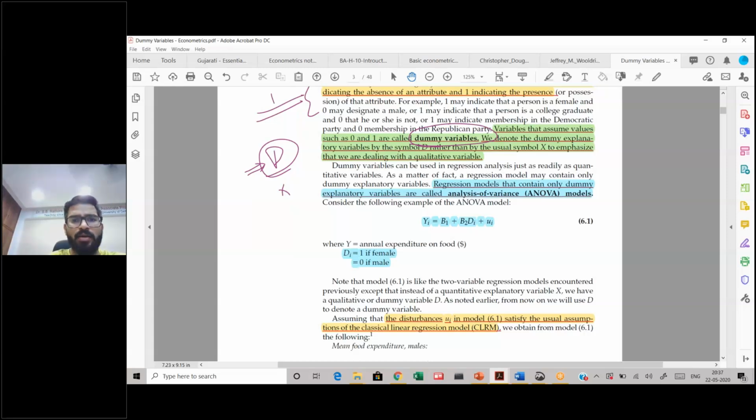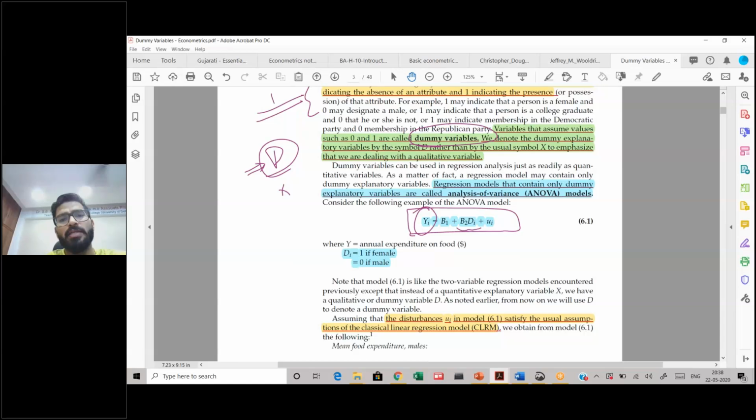So let's take the stochastic version of a normal regression line. This is the stochastic version of a population regression line. So yi is your dependent variable, and then you have only a dummy variable.